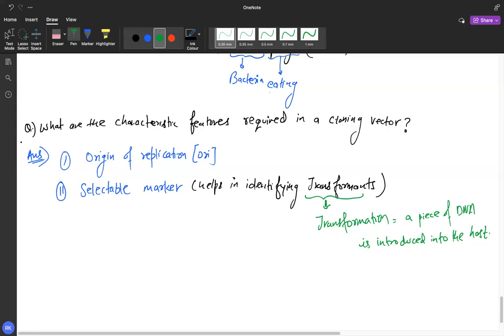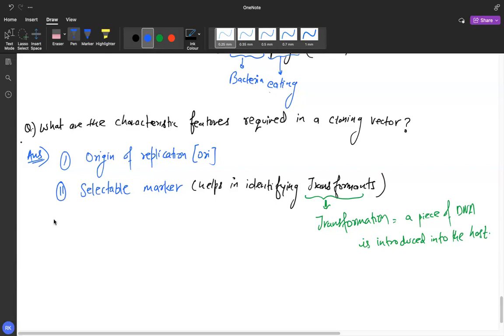We have derivatives of it like ampicillin and kanamycin. Chloramphenicol is another different antibiotic, and tetracycline. So all these are antibiotics. Penicillin is also correct. And against these, there are genes that can provide a bacterium resistance, depending on how the antibiotic functions.